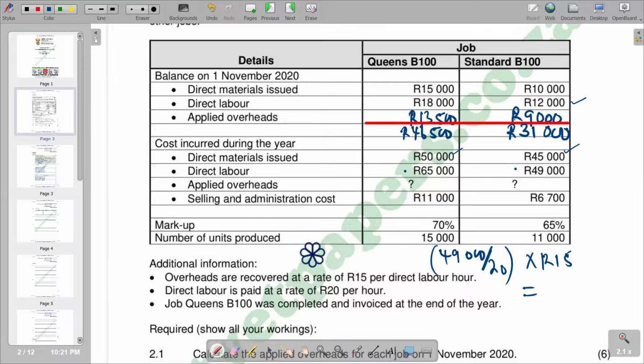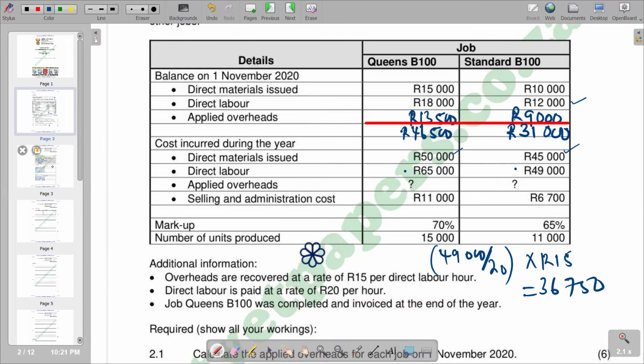So we can as well try to calculate that one. Then you get your answer, which is 36,750. So basically, this is what we have.